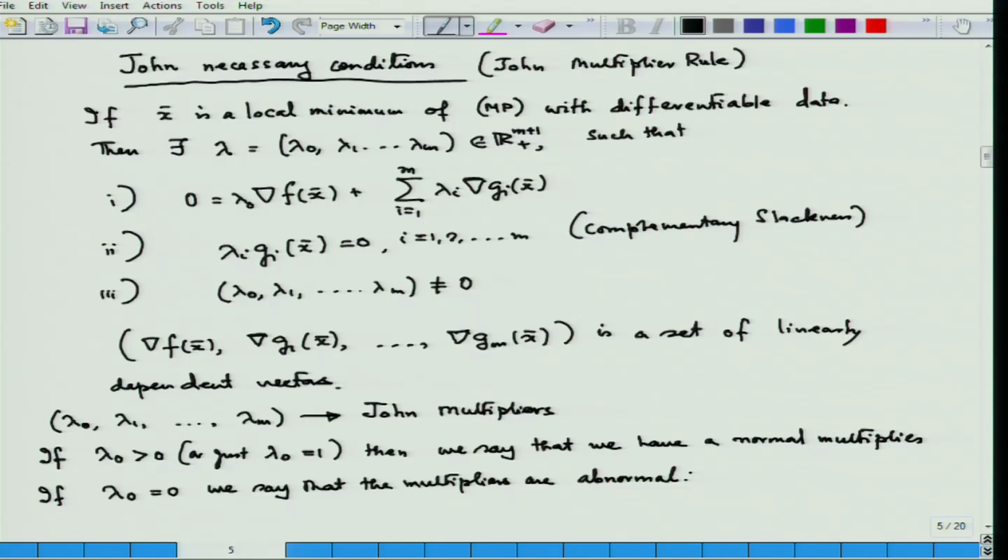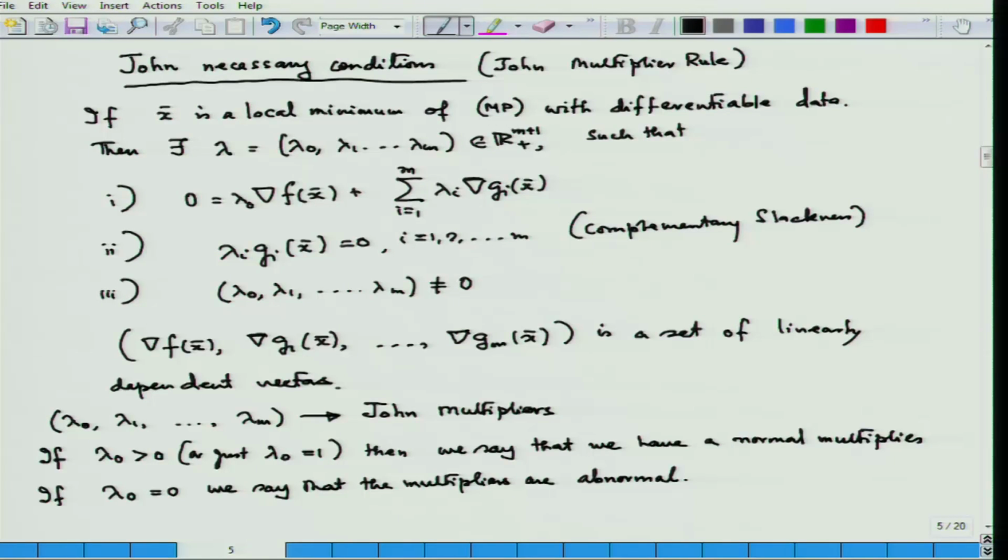Now, it is important to know that at a given x bar, there can be more than one multiplier which will satisfy the condition. Once you know the x bar, what you have to do is this: if x bar is a local minimum, it has to satisfy this condition, which means you have to find a lambda which satisfies this, this and this.